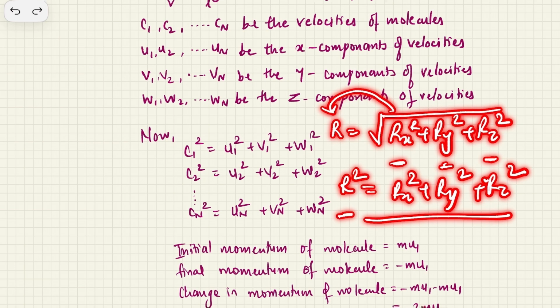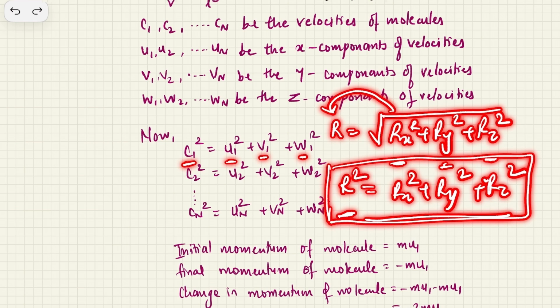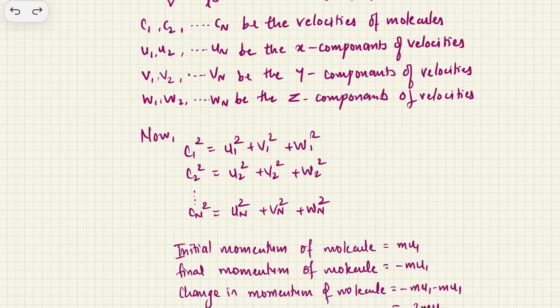So if c is my resultant velocity, and u1, v1, w1 are the x, y and z components, then using this equation I can write c1 square is equal to u1 square plus v1 square plus w1 square. The same will hold for 2, and the same will hold for the nth particle. I am going to utilize this at the end.